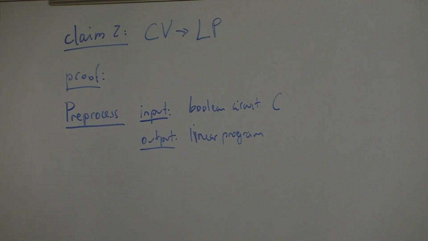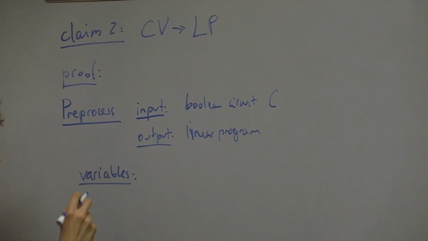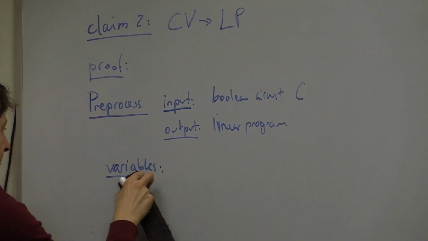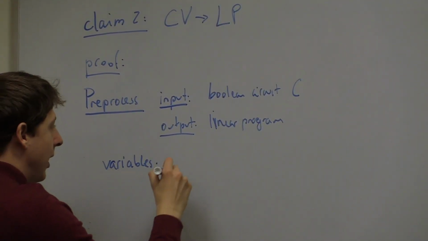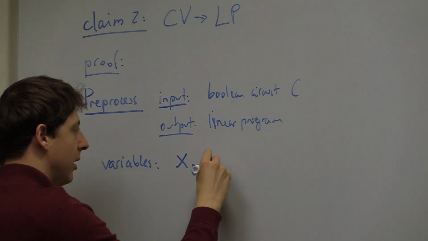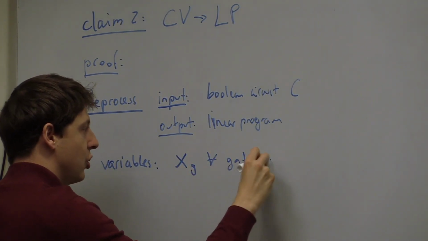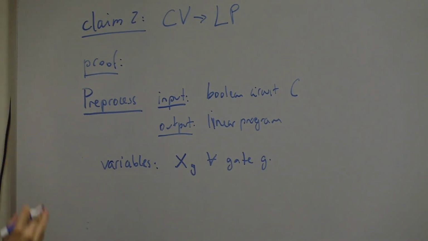So what we're going to do, first we can define the variables. We're going to introduce a variable xg for every gate g. So there is some number of gates in the Boolean circuit.